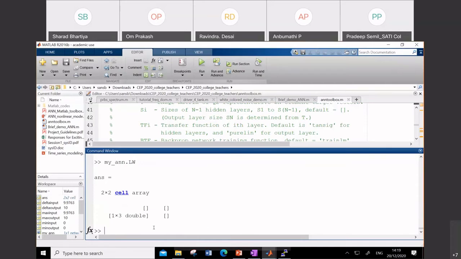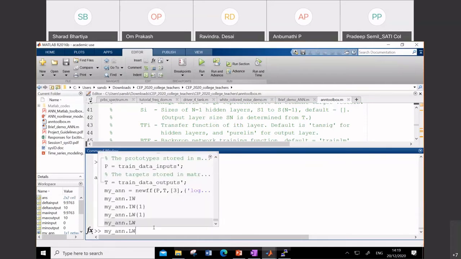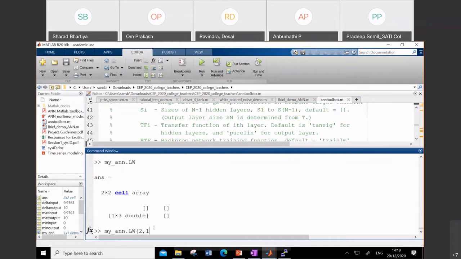And I can make this as second comma 1. And these are my layer weights. So it is from the hidden layer to the output layer. There are 3 neurons connecting to one output layer, so there have to be 3 weights. So these are the 6 weights. And you can see their values, which have been randomly put. Okay.